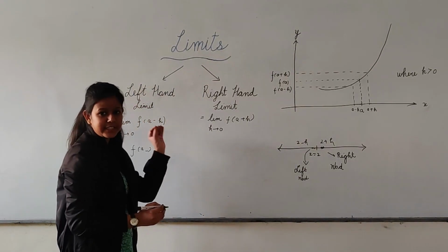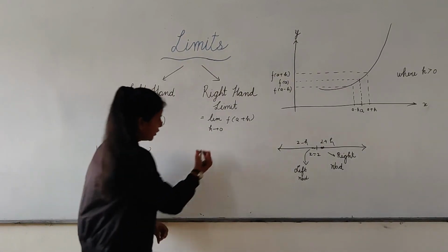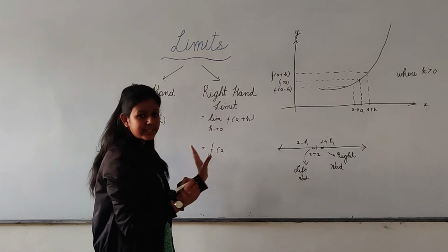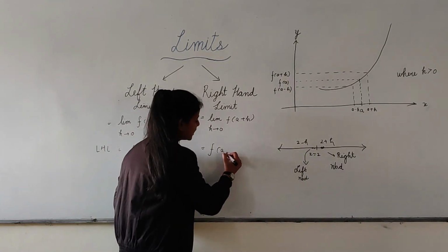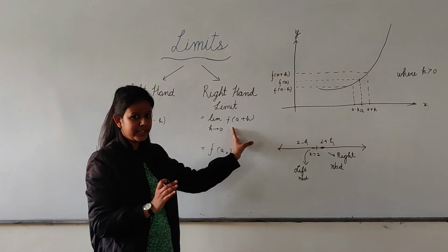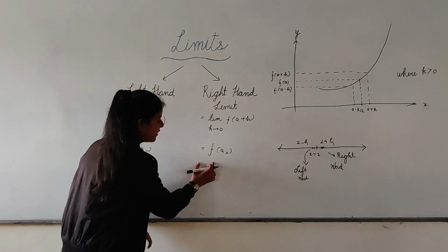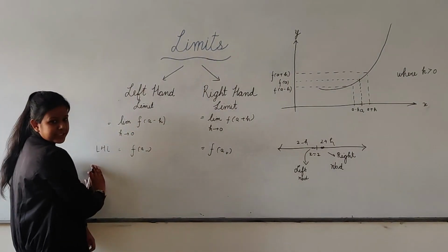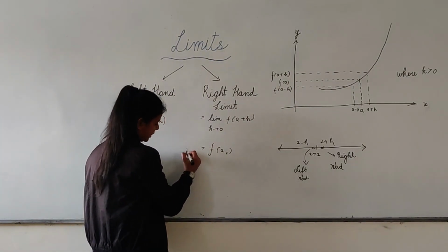Since h is tending to 0, it tends to f, but we write a plus because the value is greater than a. So we write f of a plus. Now here is LHL and here is RHL.